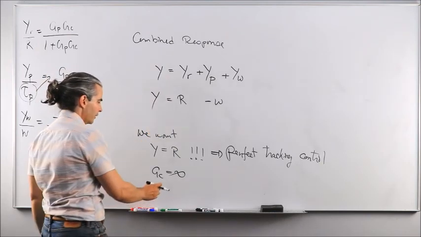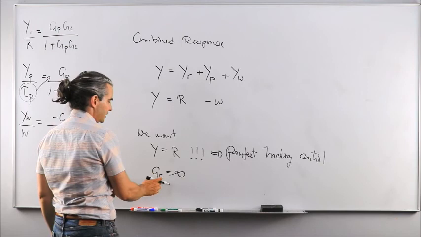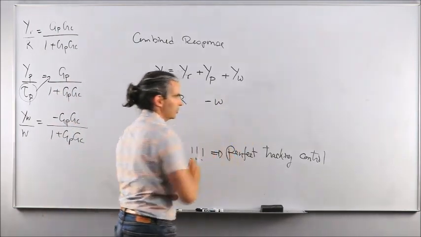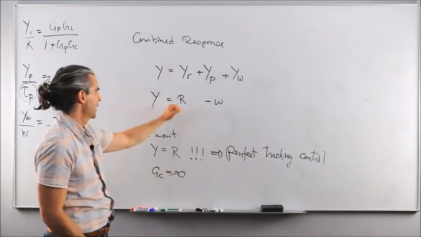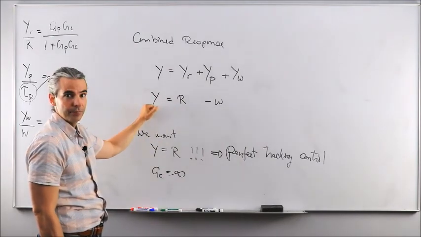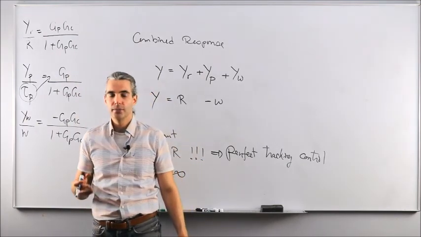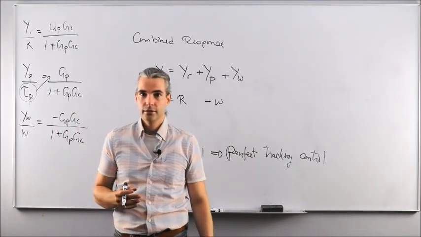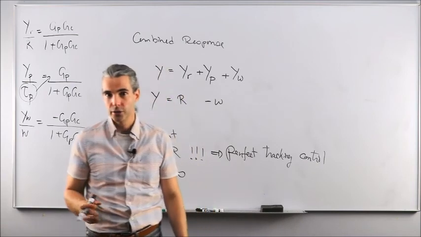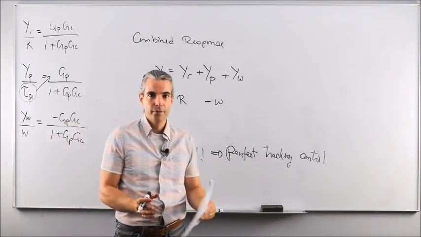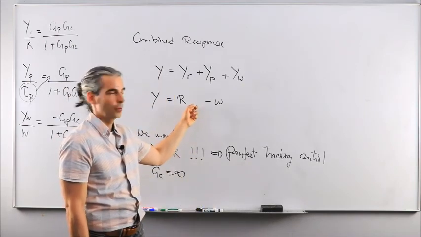By another choice of GC, we could have canceled the effects of the noise, but then perturbations would have remained in the net response of the system. And this is known as the duality of control system design. Okay? There are ways to get around it with more advanced control techniques, but if you stay in the linear realm, you'll always have to deal with that kind of problem here.